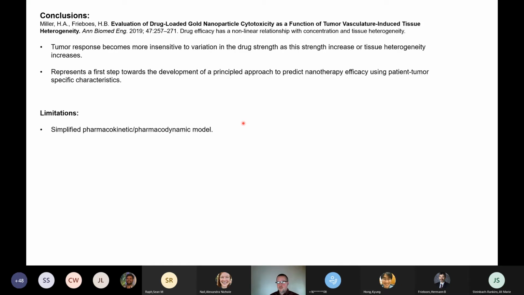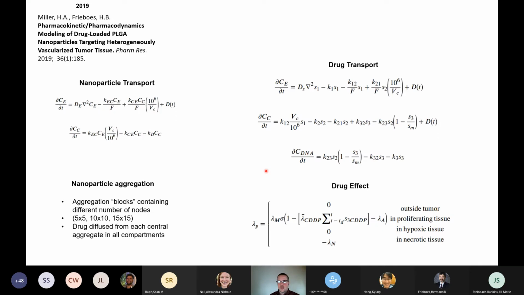This study represents a first step towards the development of a principled approach for predicting nanotherapy efficacy using patient tumor-specific characteristics. Limitations include a simplified pharmacokinetic and pharmacodynamic model. That leads us directly into another publication, which involves a more advanced pharmacokinetic pharmacodynamic model to simulate nanotherapy.